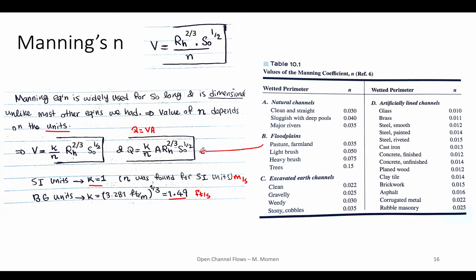And by having the hydraulic radius of your channel, the area, and the bottom slope, you can get the flow rate in that channel, as well as the velocity, through this Manning's equation, which is a semi-empirical equation in the hydraulic engineering context.